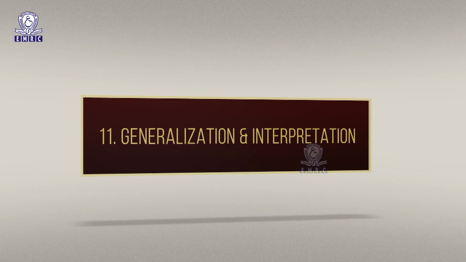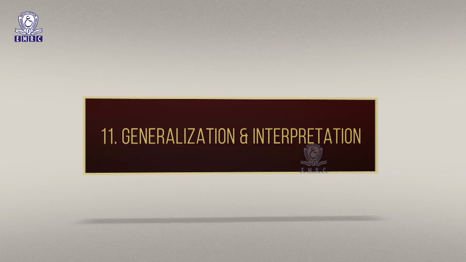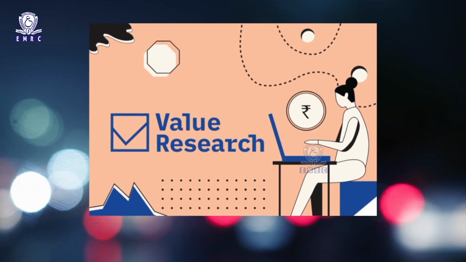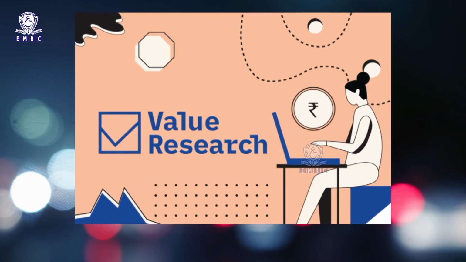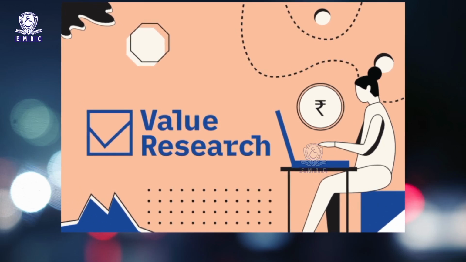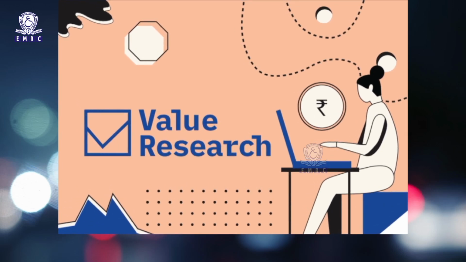The 11th step is generalization and interpretation. After the hypothesis is tested and found valid, it becomes possible on the part of the researcher to reach the stage of generalization, which may be interpreted to be the real value of research. This is only possible in case of hypothesis testing studies.